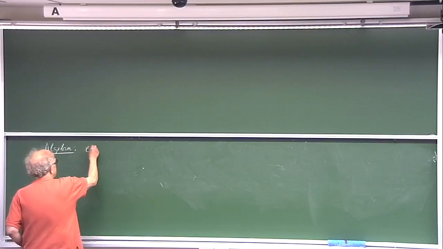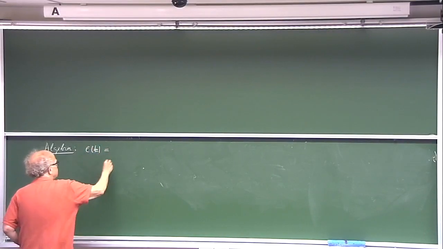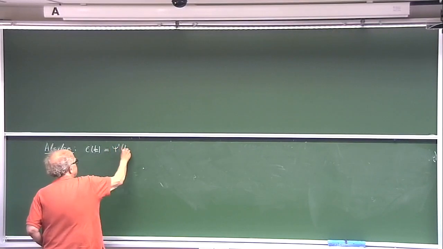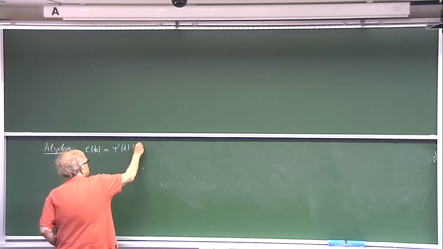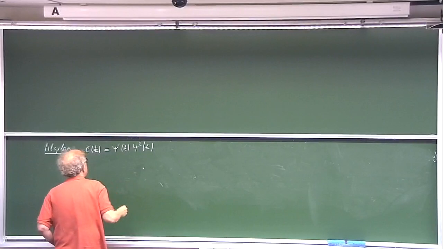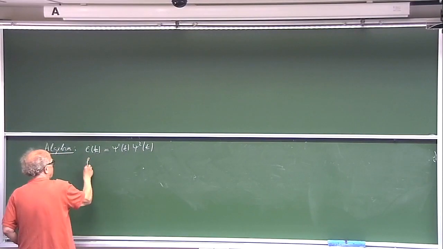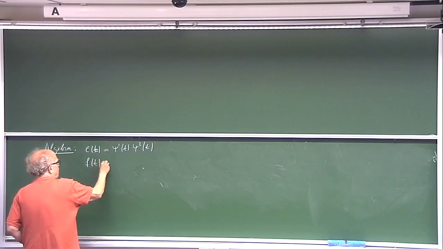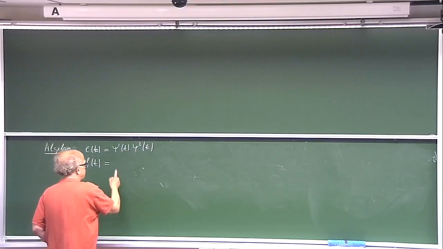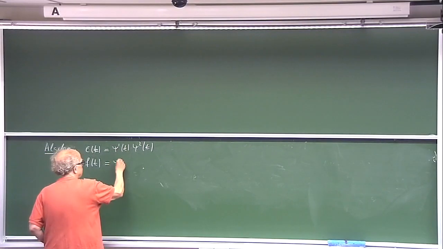In it we have E(t), and this is psi_1(t) times psi_2(t). And I also write down F(t). F(t) is the same, but here I use the star.